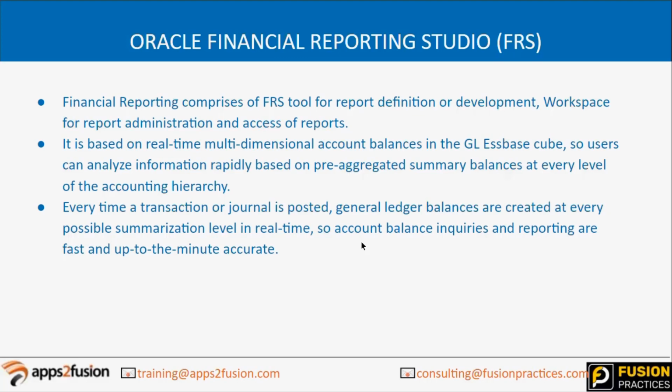So when you drag and drop a dimension in your Financial Reporting Studio, since this is connecting to the Essbase Cube directly, it will hit exactly that particular cell where the balance amount is generated.